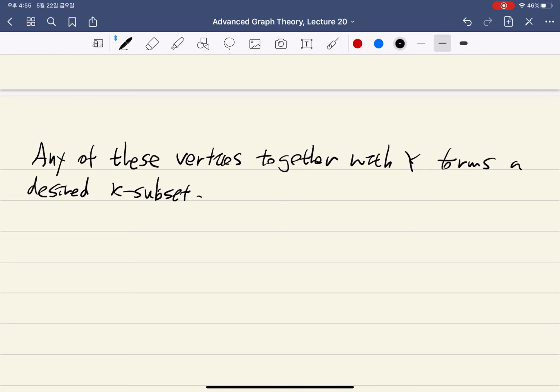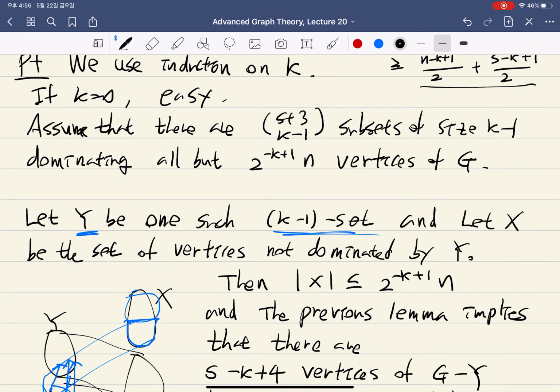So that gives us lots of subsets of size k, because each of these Y can be chosen out of this many subsets. But that doesn't directly give you the answer, because some sets of size k could be counted more than once.